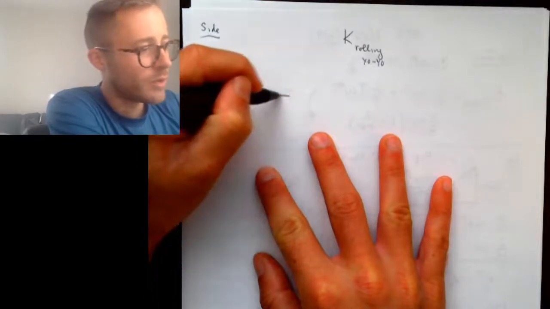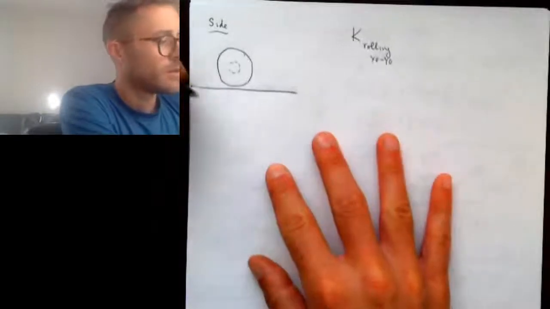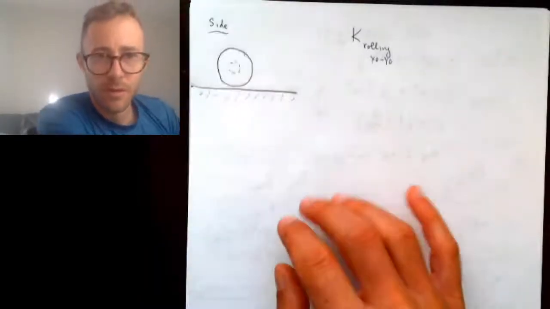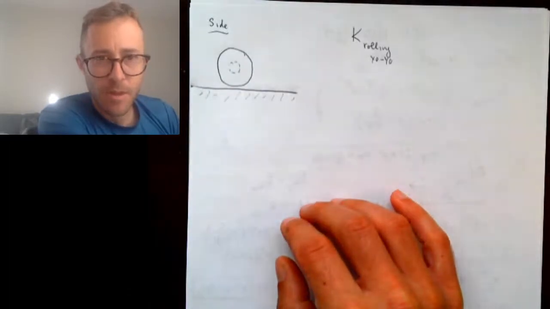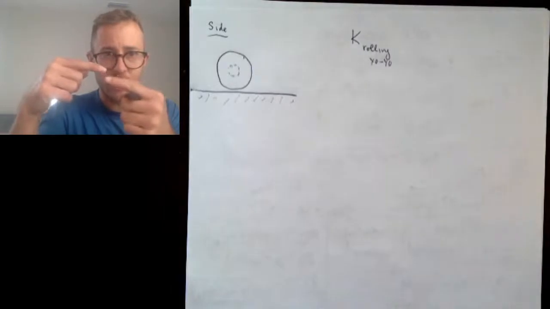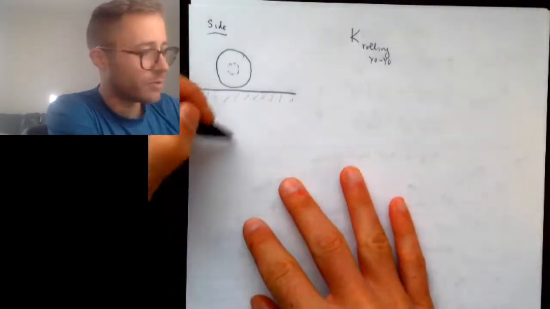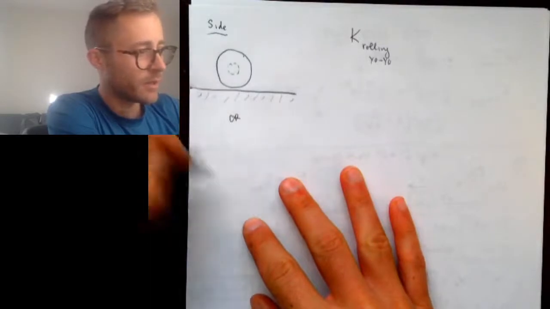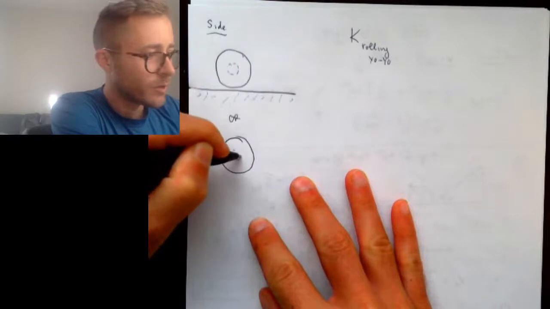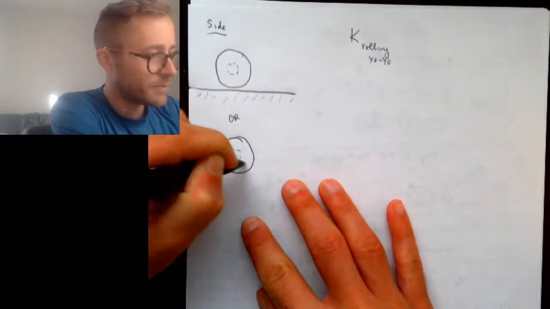It could be rolling along its outer edge. Or if we think about a yo-yo that's actually unwinding, we could have something where the yo-yo is rolling like this, where it's rolling about that inner circle.